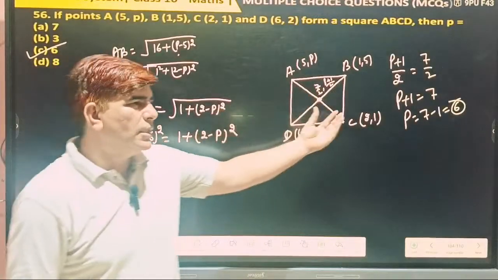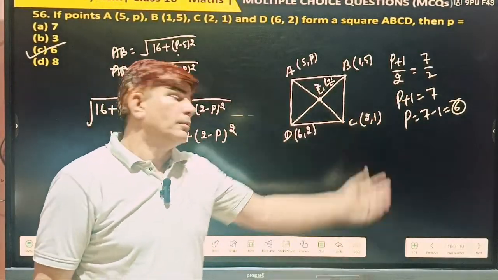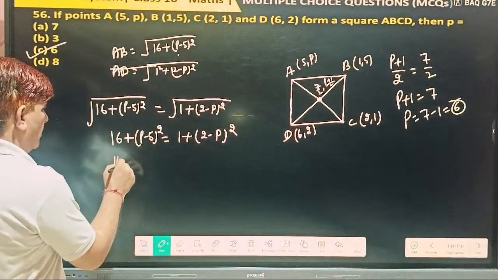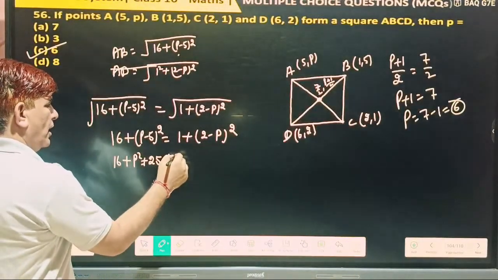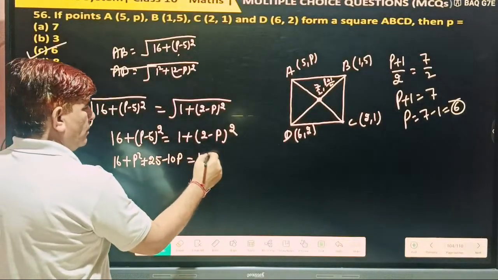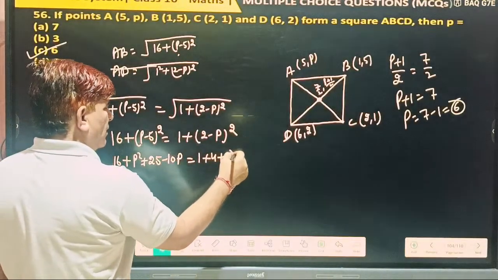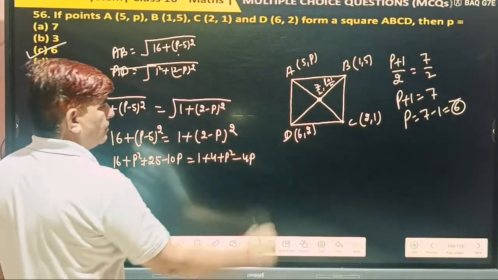But this is the easy one. 16 plus P square plus 25 minus 10P equal to 1 plus 4 plus P square minus 4P.